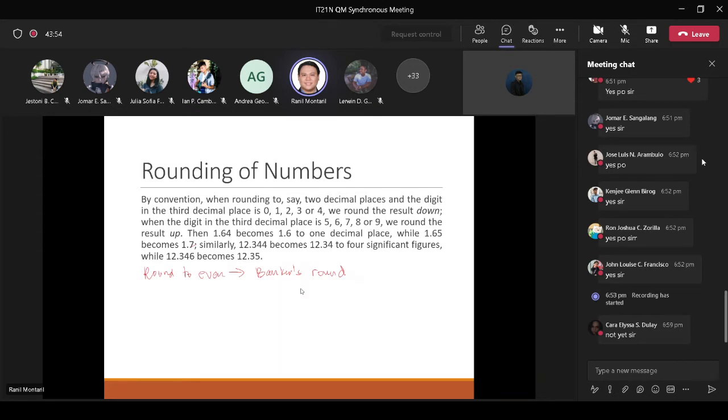If you're programming, given a data type, the rounding method for a float in the IEEE 754 standard uses round to even, or bankers' rounding. So suppose, what is an example? For example, if you have 1.25 and you have 1.35, if you round these numbers to one decimal place, what will be the value of each?